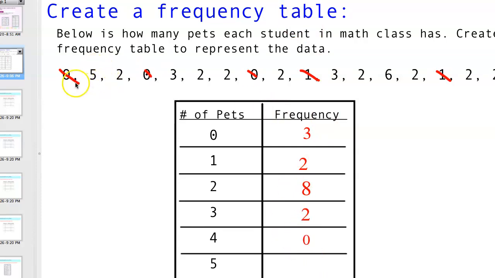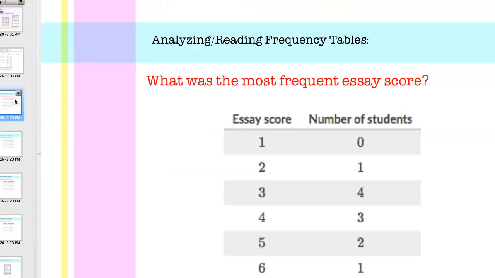How many 5s do I have? I have 1 5 and I have 1 6. Okay, this is how I create a frequency table. Sometimes it might say like 0 to 2, 3 to 4. So a lot of times that's how we view frequency tables. So we're going to look at a few examples and then answer questions on them.